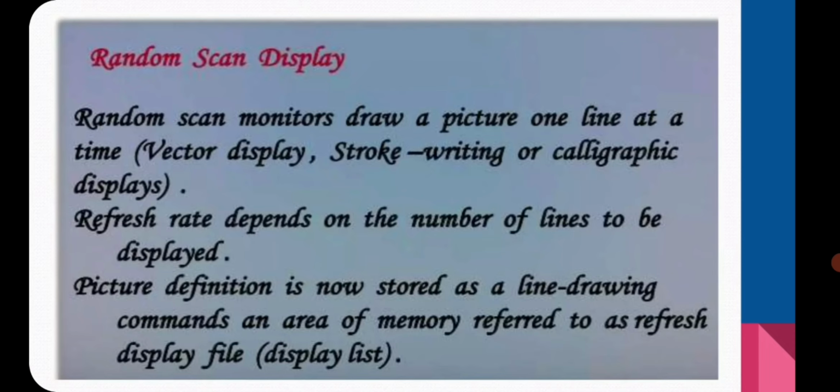If we keep on drawing the lines, and wherever it has to be highlighted, those points will be lightened. At one point, after all the lines are drawn, we can see the full picture. That memory is called the refresh display file or the display list.